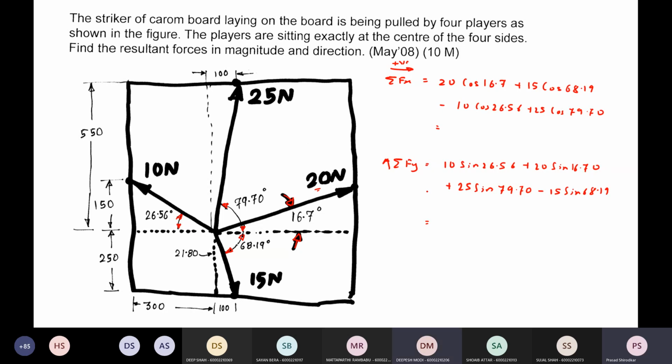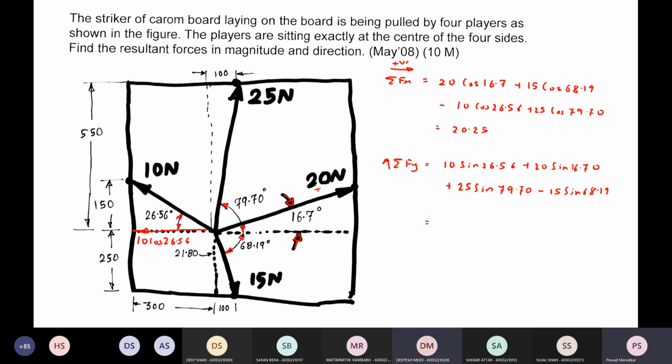20.25, correct. Summation fx is 20.25. Summation fy. Sir, why did you subtract minus 10 cos 26.56 and minus 15? Cosine component of 10 will be this way, right? This will be 10 cos 26.56.